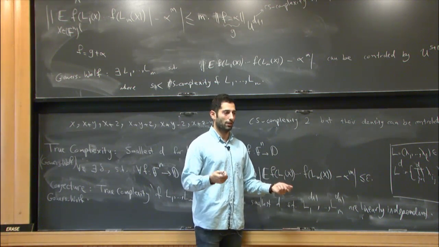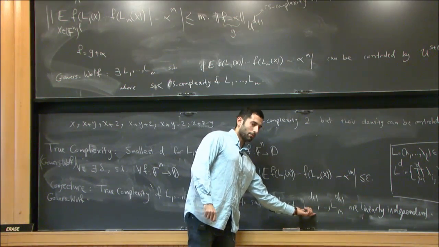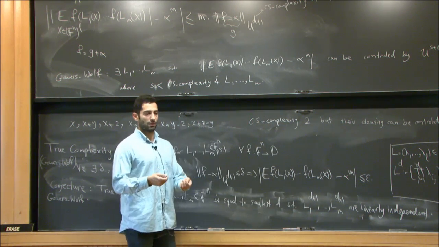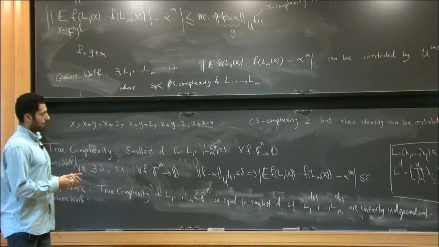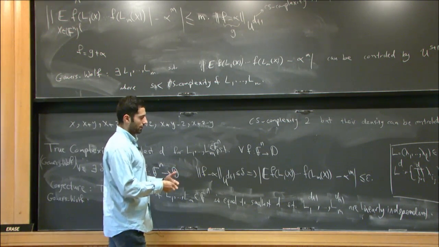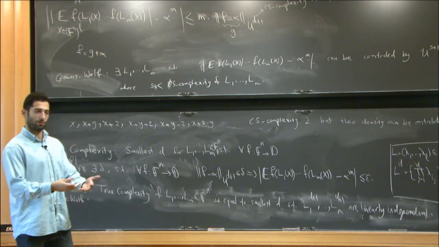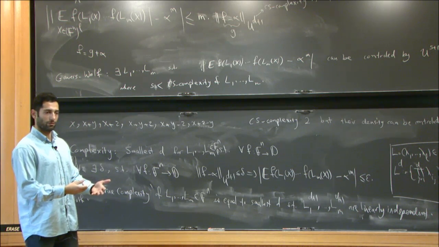There is a linear combination of it. So these can be thought of as coefficients of a degree d plus 1 homogeneous polynomial applied to the linear forms.